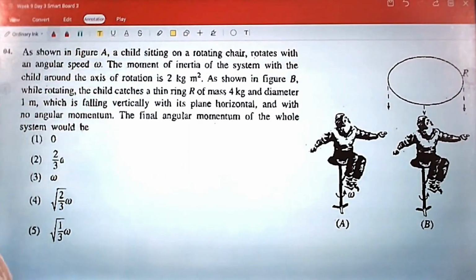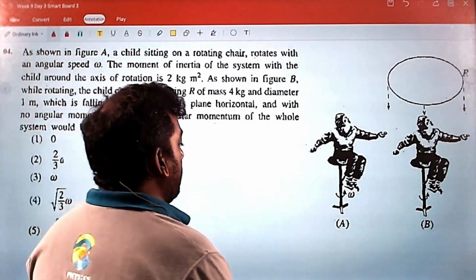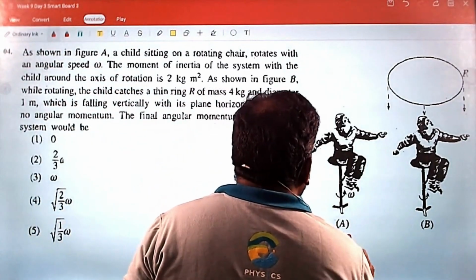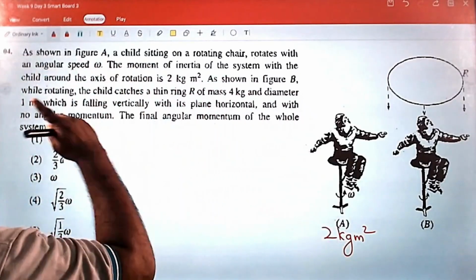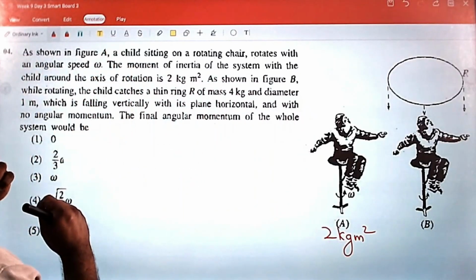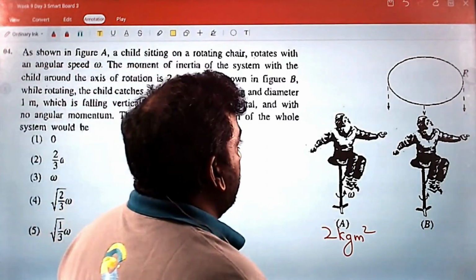As shown in the figure, a child sitting on a rotating chair rotates with angular velocity omega. The moment of inertia of the system around the child is 2 kg m square. While rotating, the child catches a ring of 4 kg, diameter 1.